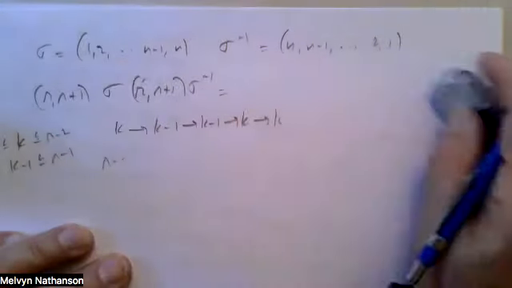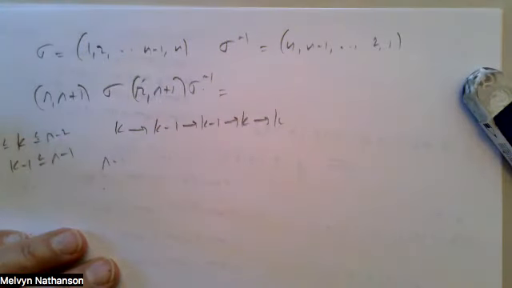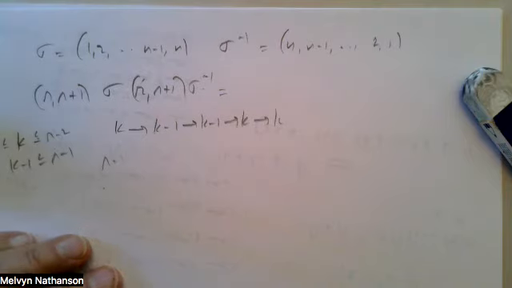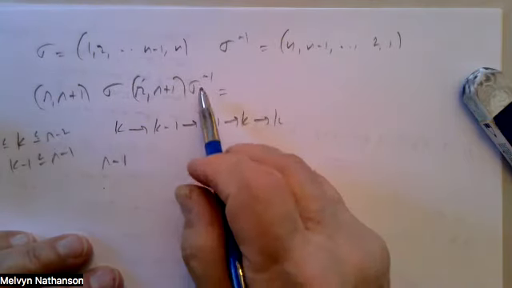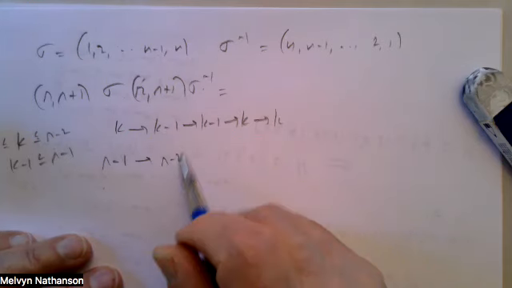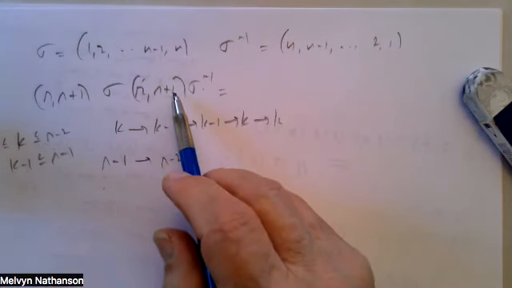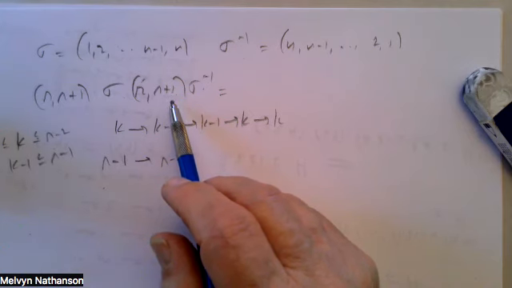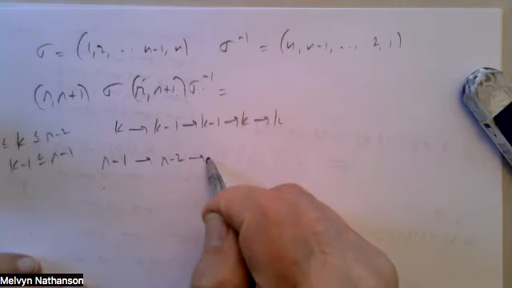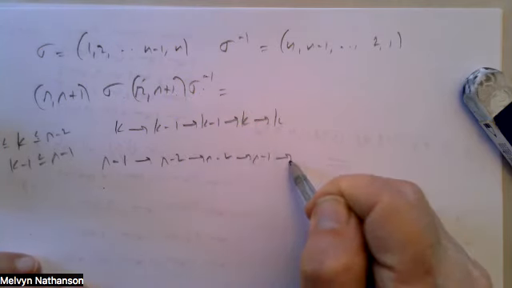Suppose I take R minus 1. So R minus 1 gets moved down to R minus 2, goes to R minus 2, goes to R minus 1, goes to R minus 1.